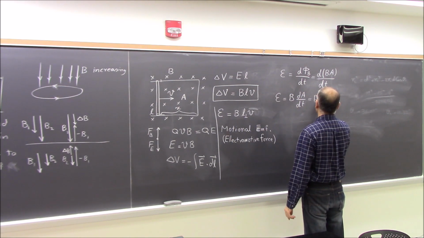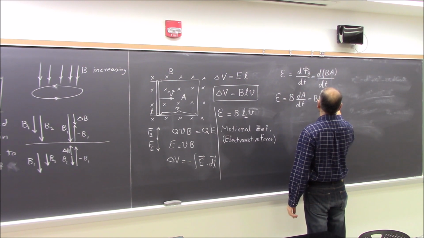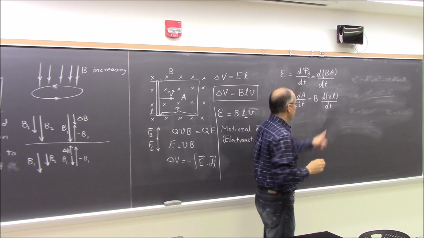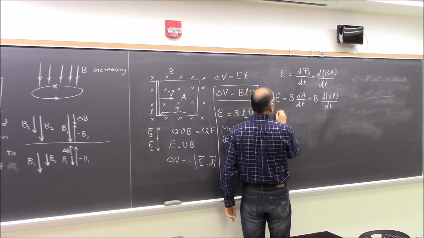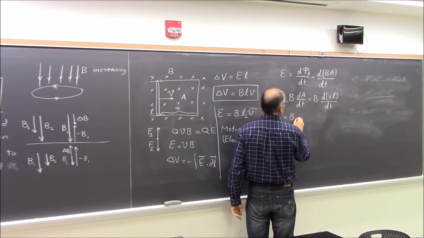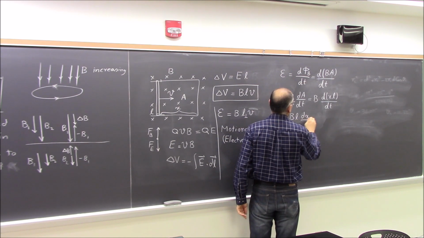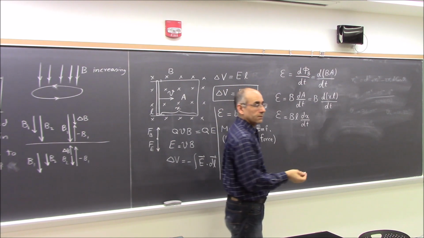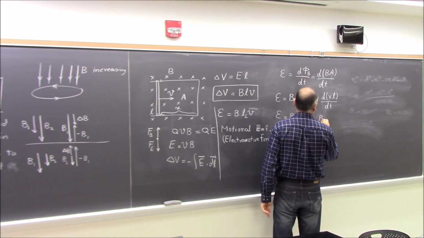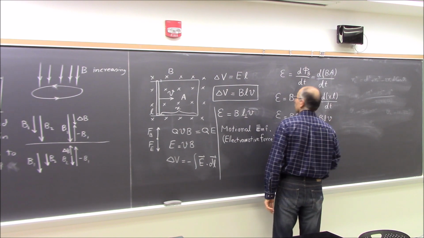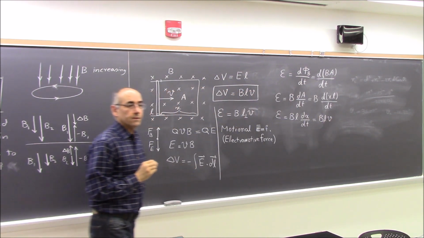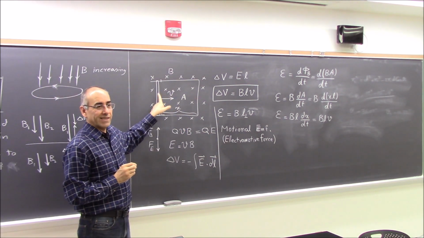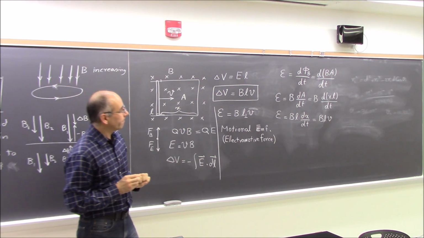So B times d x times L over dt, and L is constant, so it comes out, and E becomes B L dx over dt, and dx over dt is V. So it becomes BLV. Right? So this is consistent with that, if you take this as part of a loop.